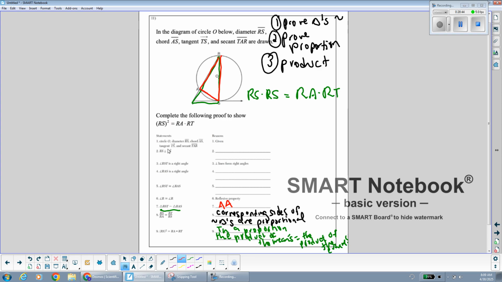Okay. They're telling us that RS is perpendicular to ST. ST, or TS, is a tangent to the circle, and SR is the diameter.